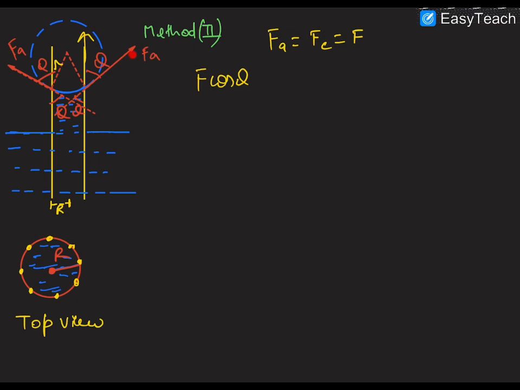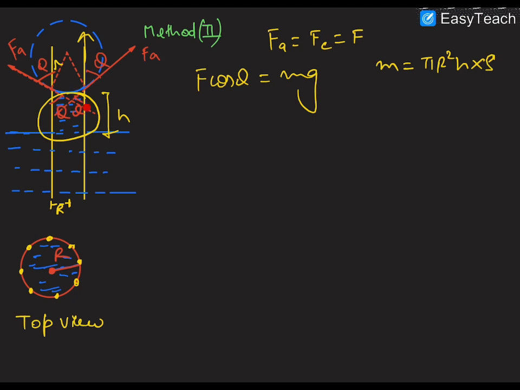So just F cos theta will be lifting the mg of this part, and this m can be written as pi r square h into rho. I have assumed that it is almost a cylindrical part, and I have ignored the small volume on the edges.